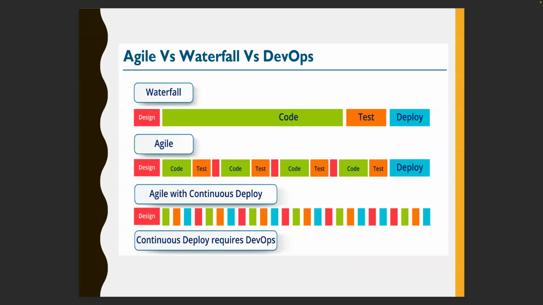And yes, this is what I explained some time back: a comparison between different methodologies like waterfall, Agile, and Agile with continuous deployment. If you see, in waterfall after design, coding starts, after coding, testing, and then deployment. But with Agile, you have design, coding, testing happening iteratively, right? But deployment is all manual. In DevOps, Agile with continuous deployment is called DevOps.